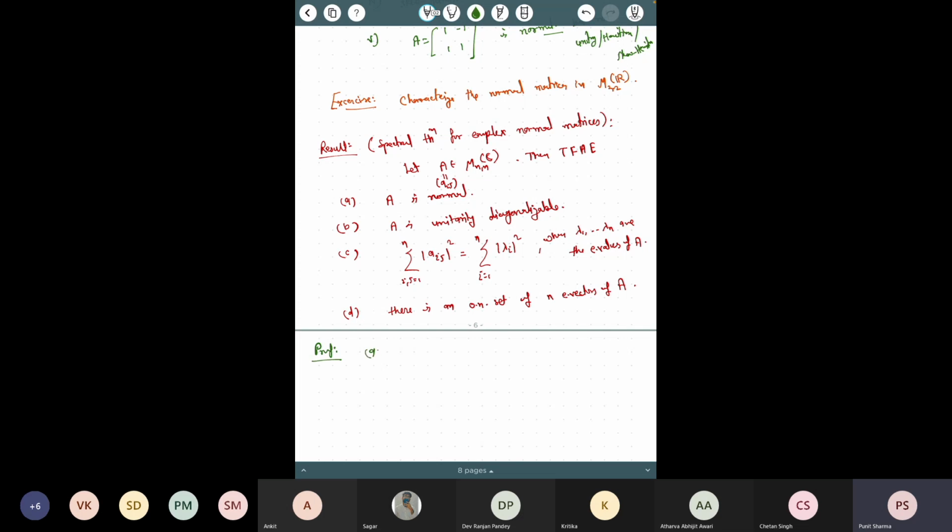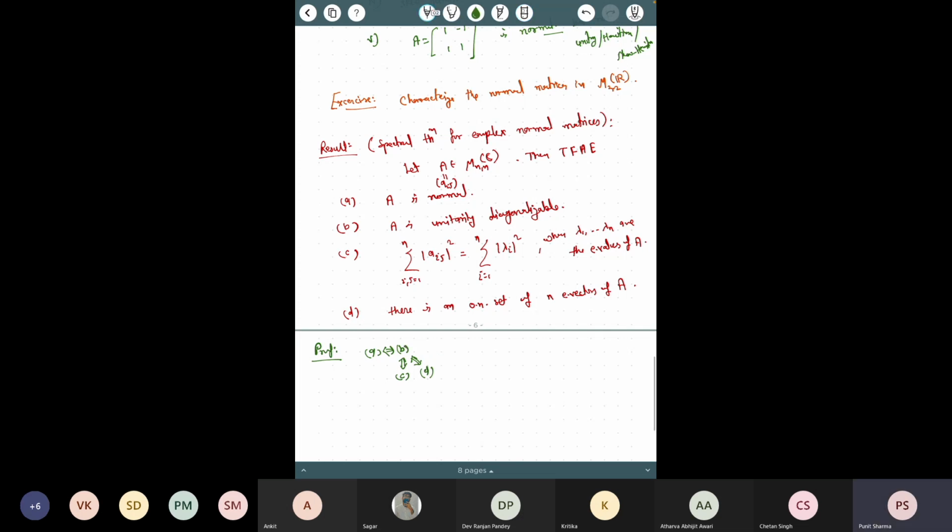We'll prove A implies B first, then B implies A, then B if and only if C, and so on. This way it is easy also, you will see that.